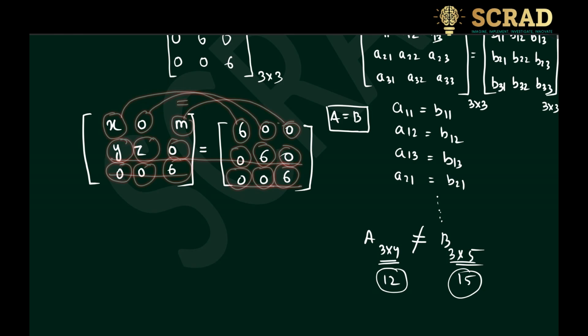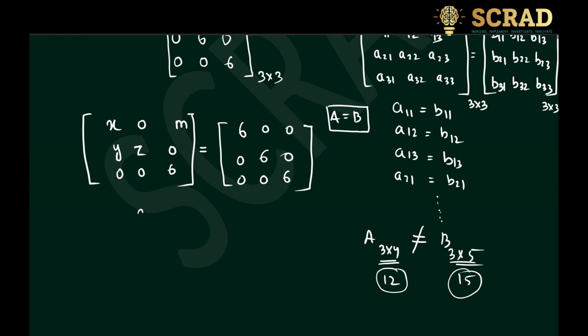If I compare the right hand side matrix with the LHS side, then I will find that x equals 6, m equals 0, y equals 0, z equals 6, right?